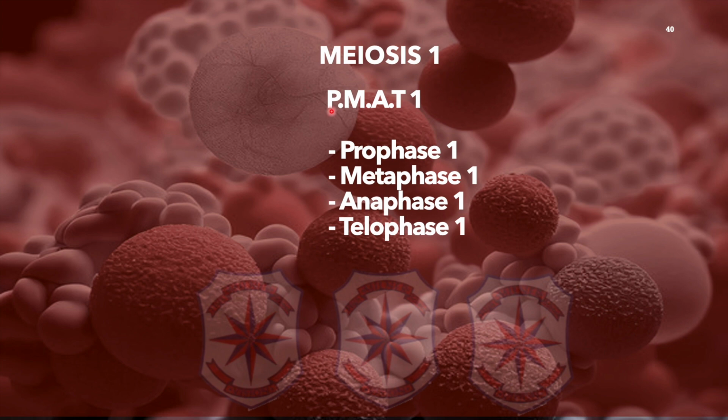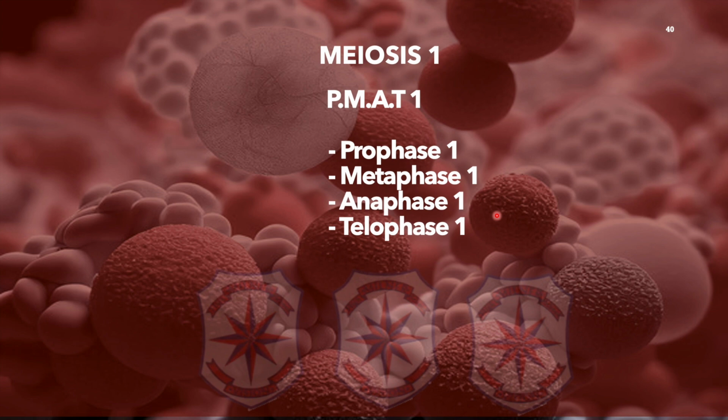Okay? PMAT. P prophase, M metaphase, A anaphase, T telophase. However, because meiosis has meiosis 1, and then the daughter cells of meiosis 1 will divide into meiosis 2, we have two meiotic divisions.